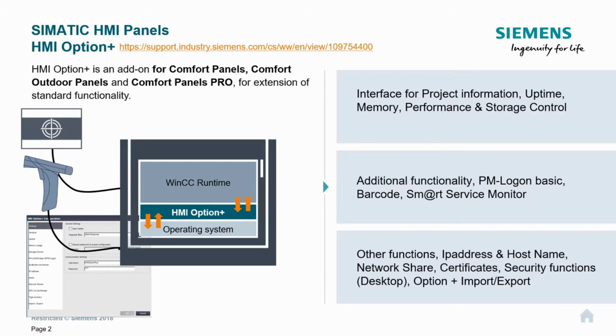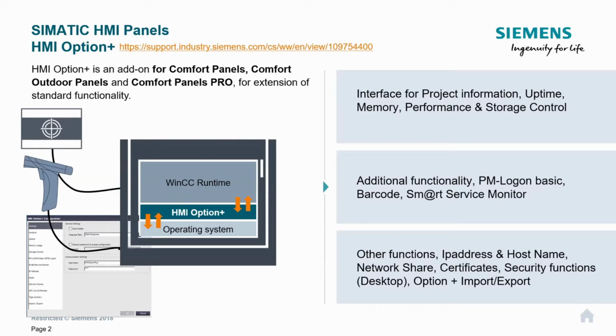at runtime on there. Other great features as well, if your operators require access to the Windows CE desktop, then the Option Plus gives us the capability to manage what desktop items they have access to if they were to access the desktop.